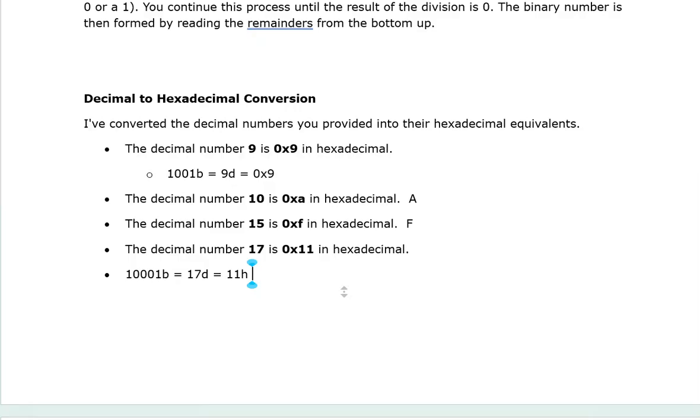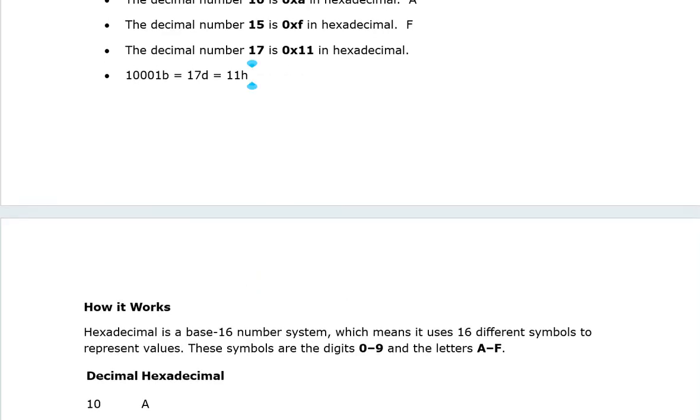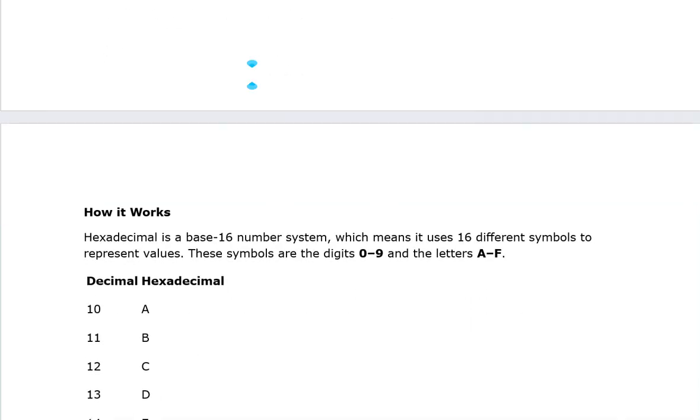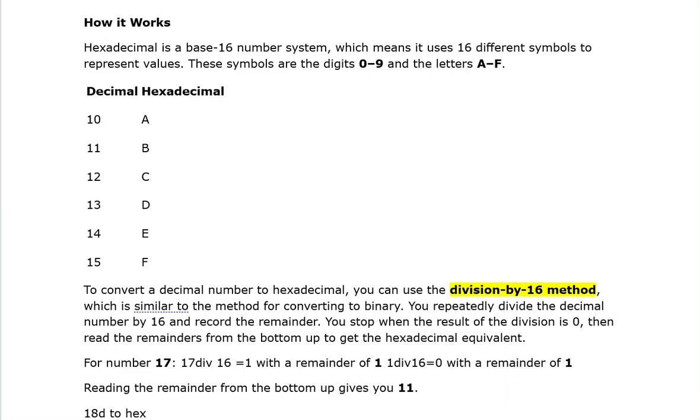Alrighty. Again, as we described, the hexes go all the way from A to F. So the easier way to convert these decimals to a hex is to use the division by 16 method.